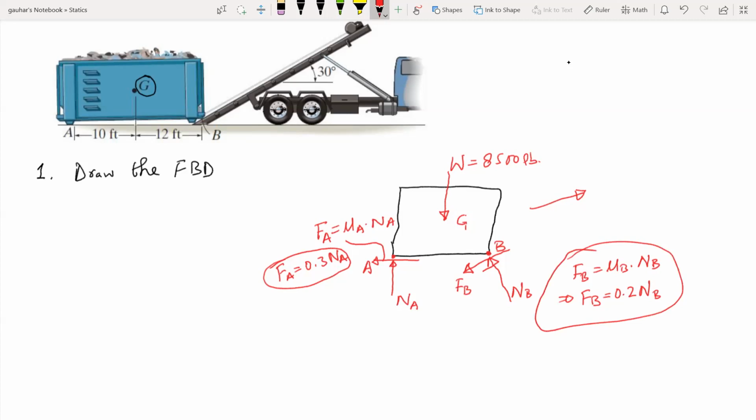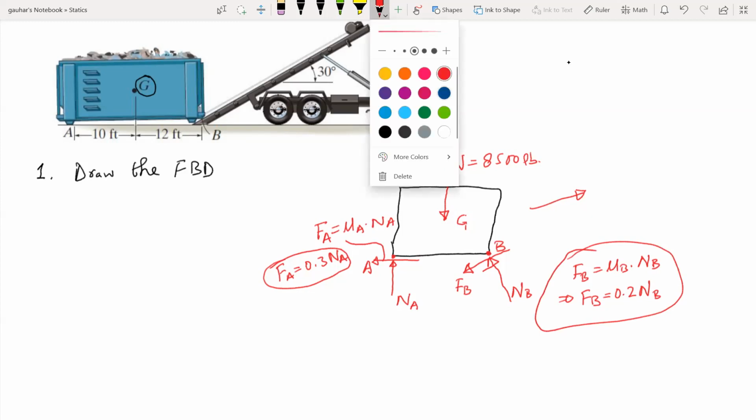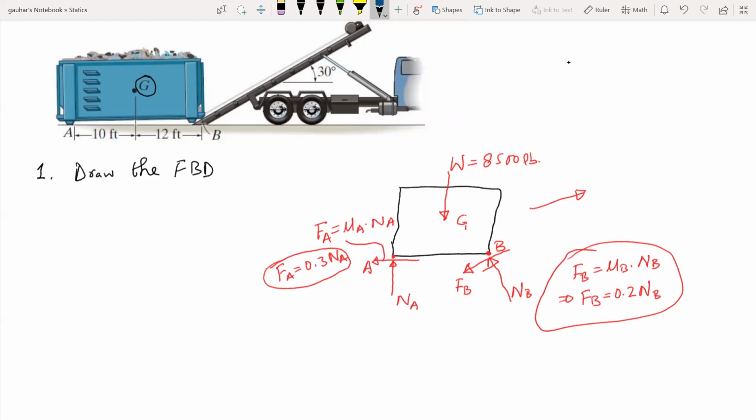Now we have another force, which is the force in the cable, or tension in the cable, also acting at 30 degrees from the horizontal. Let's use a different color to differentiate between the friction force and the tension in the cable. So this is the tension in the cable, T, at an angle of 30 degrees.